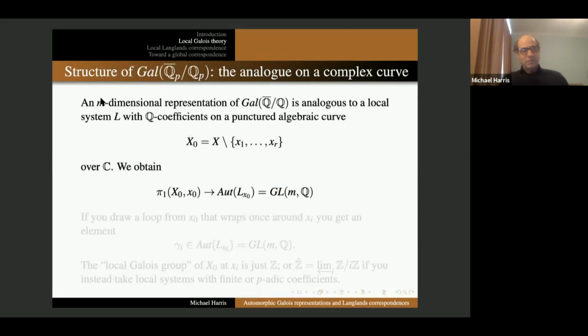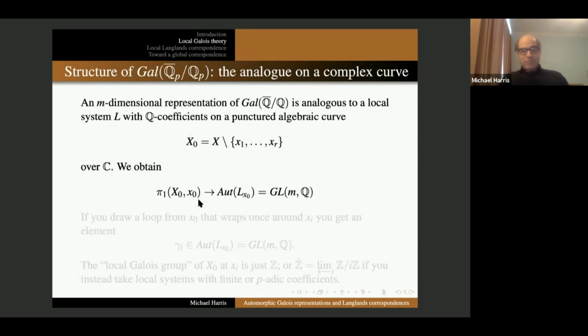It had better be a rank m local system on a punctured algebraic curve. What is a punctured algebraic curve? Well, we take a Riemann surface, but think of it as an algebraic curve and just remove some points. You don't really have to remove the points, actually. We could have done without, but it becomes more visually suggestive if we do.